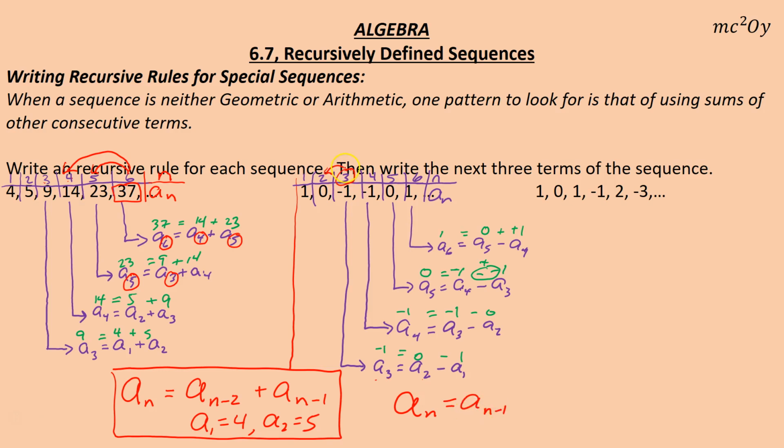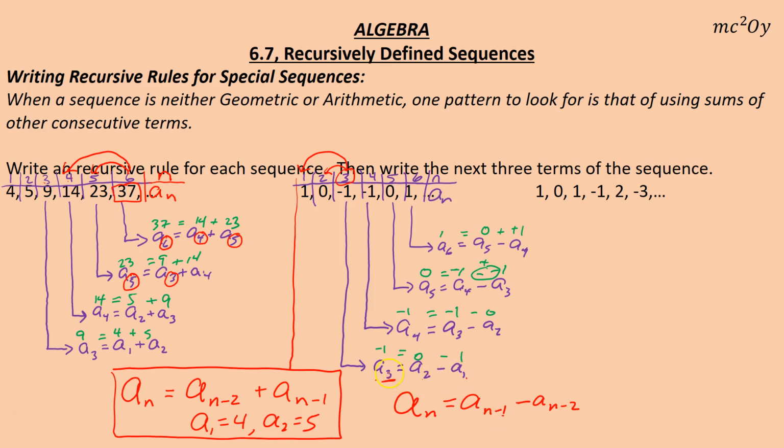And then we subtracted 2 behind it, the first. Okay, so we subtracted a sub n minus 2. So think of positions. So the third position is equal to 1 position behind it minus 2 positions behind it.